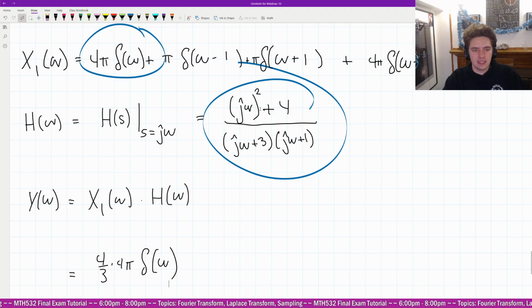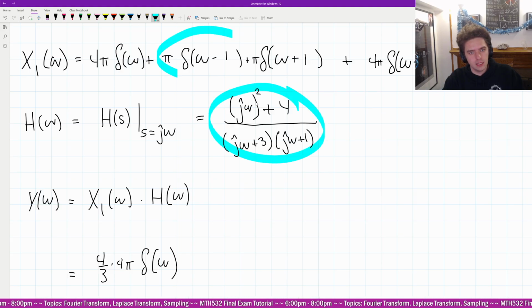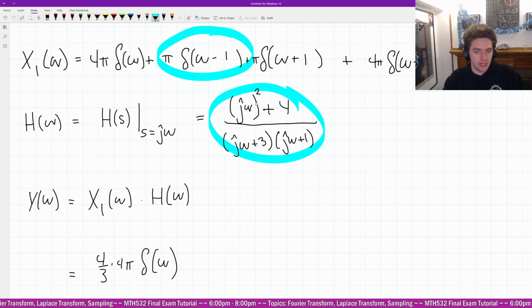Then that's it. Terms are going to cancel faster than you think here. So then we multiply this term times this term. So we're going to have a pi. Omega minus 1, that means I'm going to plug in omega equals 1 into this.